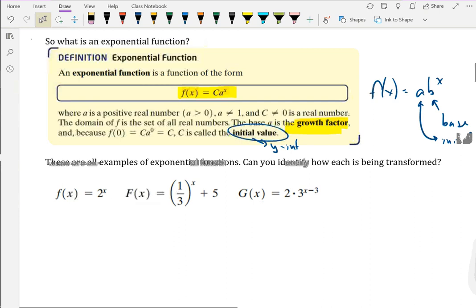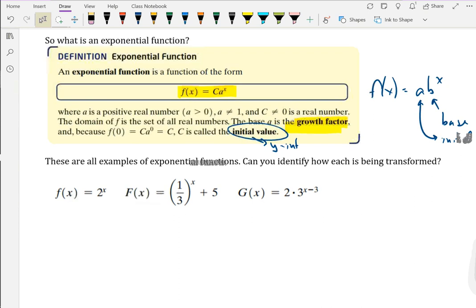So before we take a look at the graphs, let's just take a look at some functions here. And even if we don't know what the graph of a function looks like, we know enough about transformations of graphs that we can identify how these graphs are being transformed from their original parent function. So for example, on f of x here, we have 2 to the x. So we have an exponential here, where 2 is our base or our growth factor, and x then is our exponent.